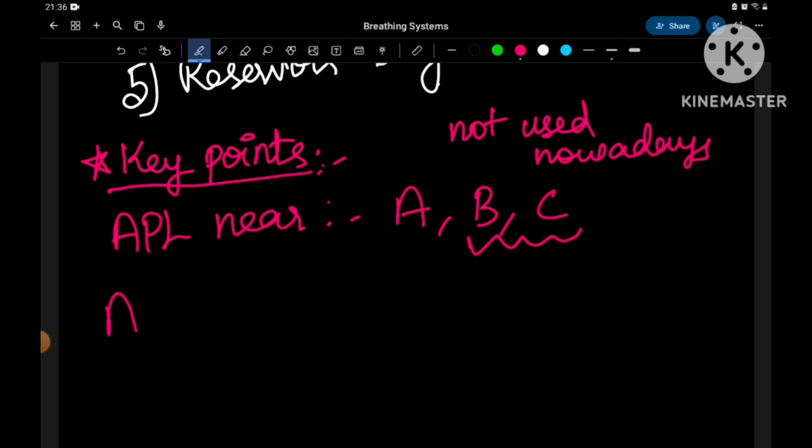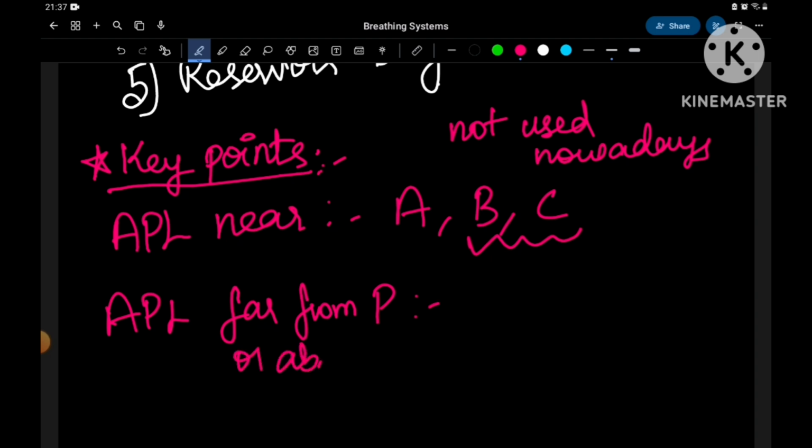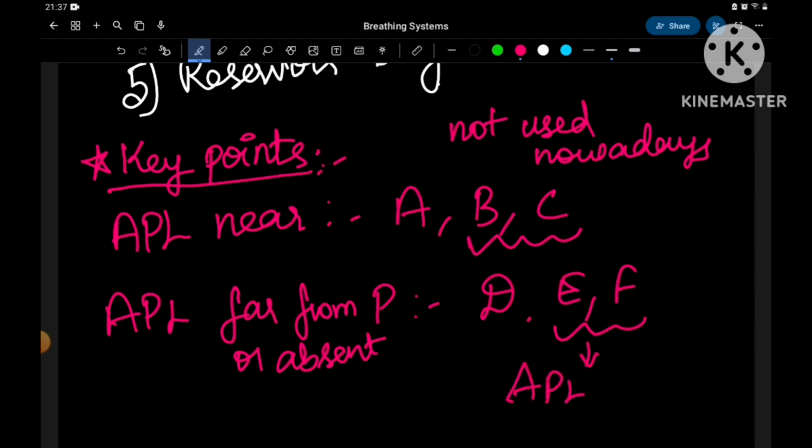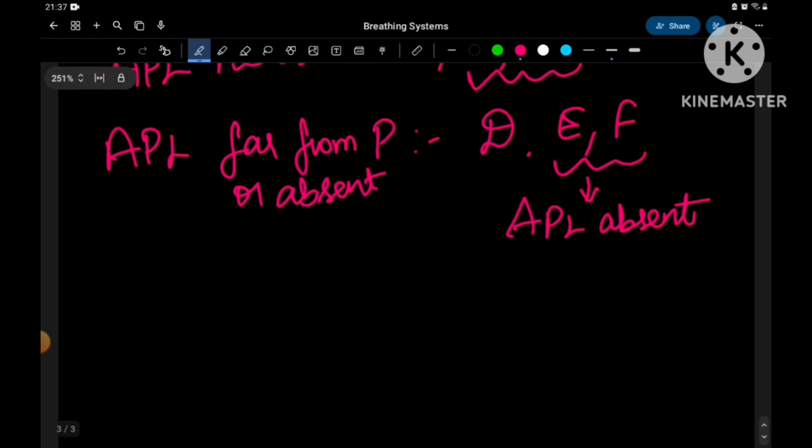Next, APL far, that is far from patient. That is far from patient or absent. It includes both the things. That is D, E and F. In E and F it is absolutely absent, right? APL is completely absent. So you can remember it easily like this.